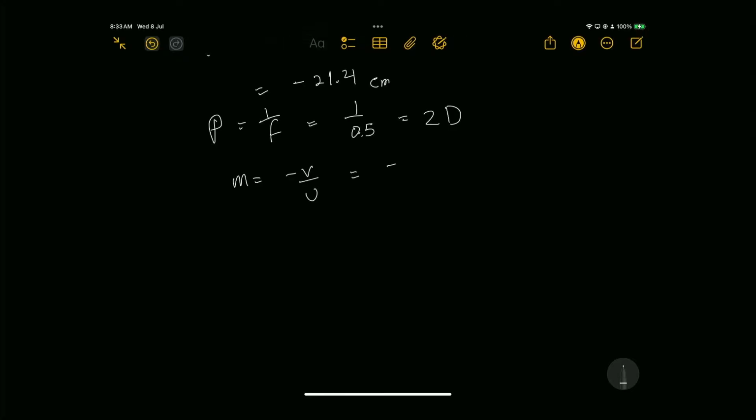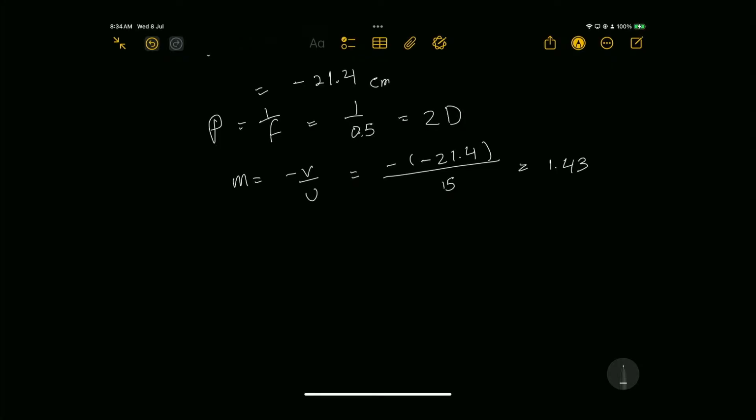So we had v to be a negative number, so it would be negative times a negative number over u, which was 15. So this would be how much? 1.43.